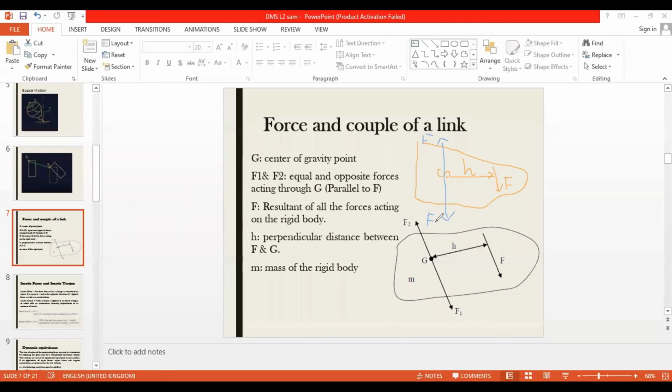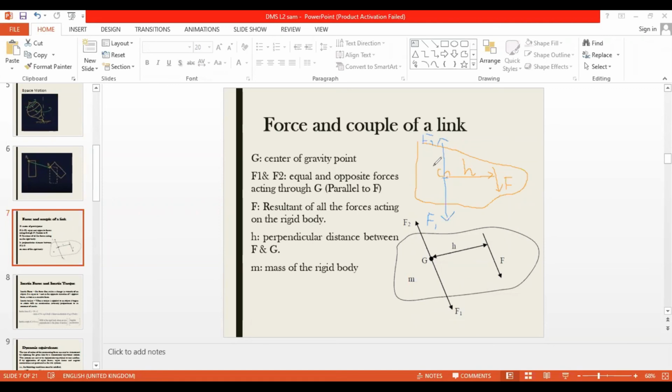Both are the same in magnitude, so by inserting these two forces there is no change in the system, because this F1 and this F1 cancel out. But why we do this is to transfer this force to this position.